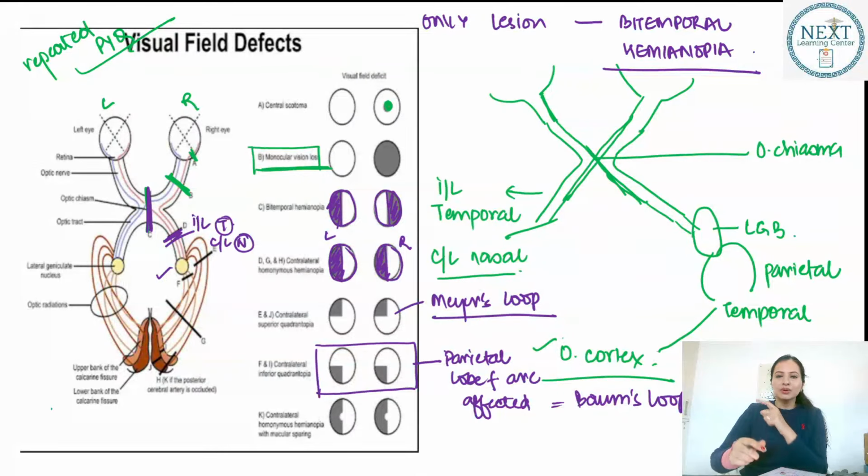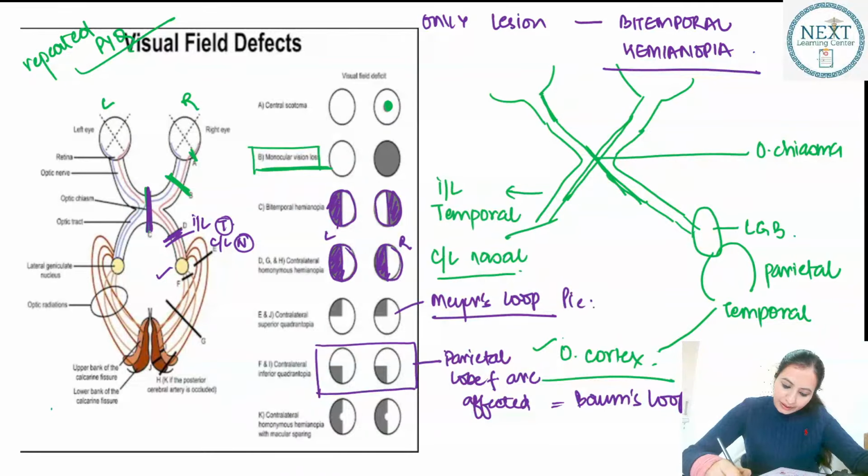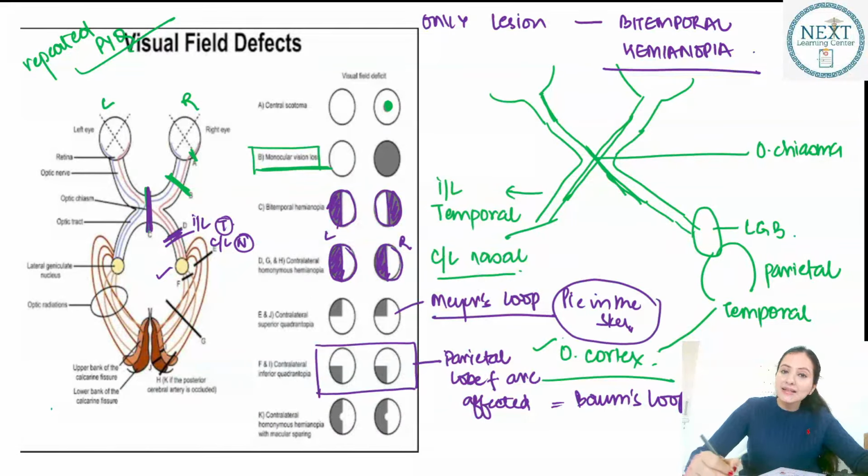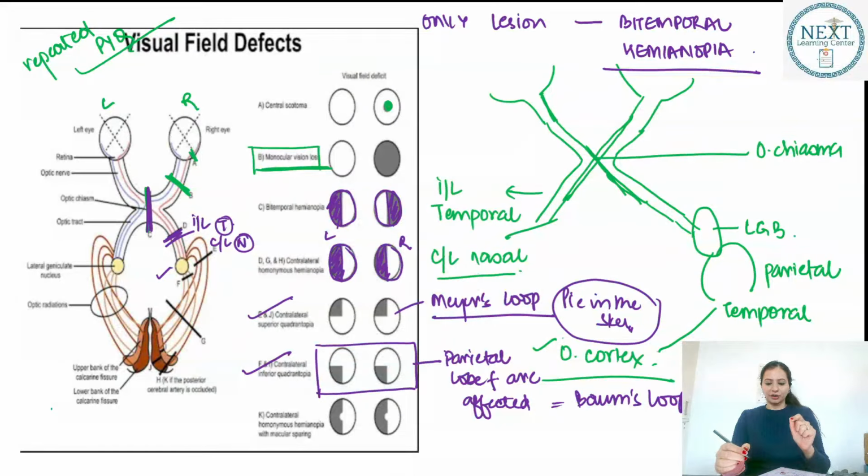The inferior one is also known as pie in the floor. Since the temporal lobe is located a bit inferiorly, you will have a superior defect. You will call it pie in the sky. So pie in the sky is another name for contralateral superior quadrantanopia, and pie in the floor is the other name for contralateral inferior quadrantanopia.